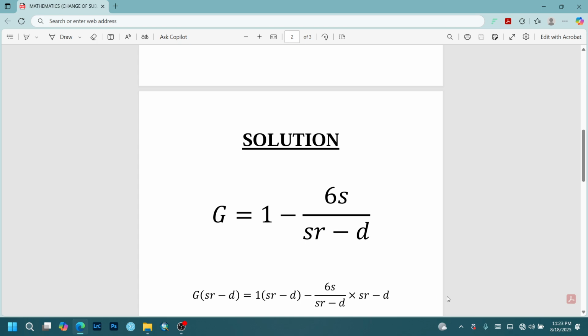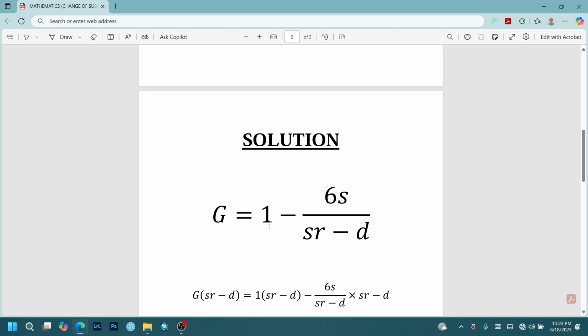So what you have to do is to multiply through each side of the equation by the LCM, which is SR minus D, right? Because SR minus D is the only term that can go into the denominator, the least common factor that can go into the denominator, which is 1 and SR minus D.